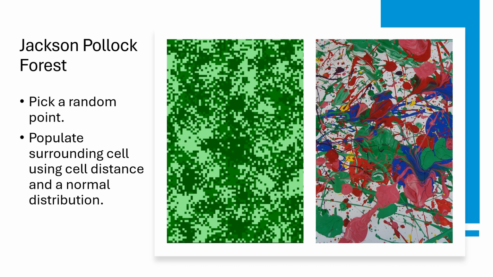And we then use the distance to calculate the probability of assigning a tree type to each cell. So the closer a cell is to the center, the more likely it is to have the same tree type as the center. This process is repeated several times to create multiple clusters across the grid. Finally, any remaining cells that are not assigned will be filled randomly.